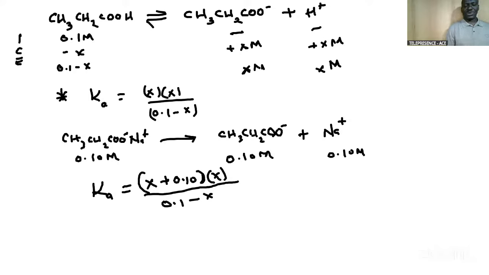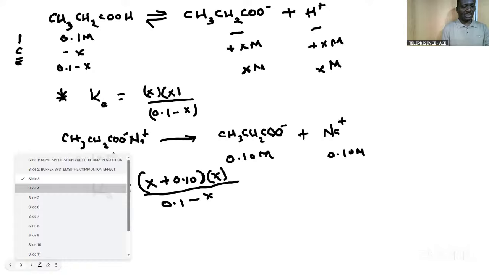Now, without much ado, we know that X is very, very small compared to 0.1. What I mean by that, to enhance your understanding, we will assume a value. Let me look at the next slide.